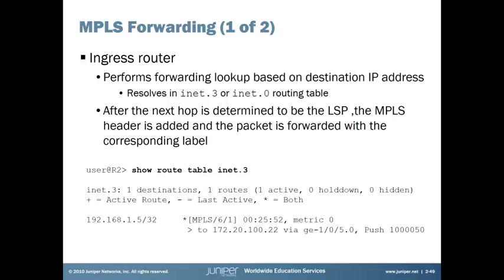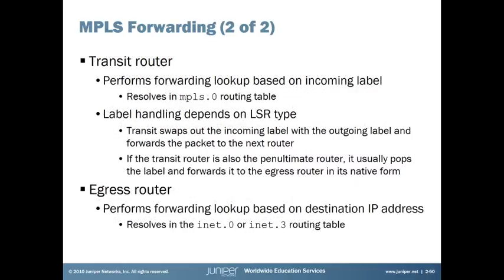Okay, so if we go show route table INET.3, we will find that we have this MPLS route in here, and the next hop is an LSP because we can see the push state on that next hop. On the transit router, it performs a lookup based on the incoming label, and that results in the MPLS routing table.